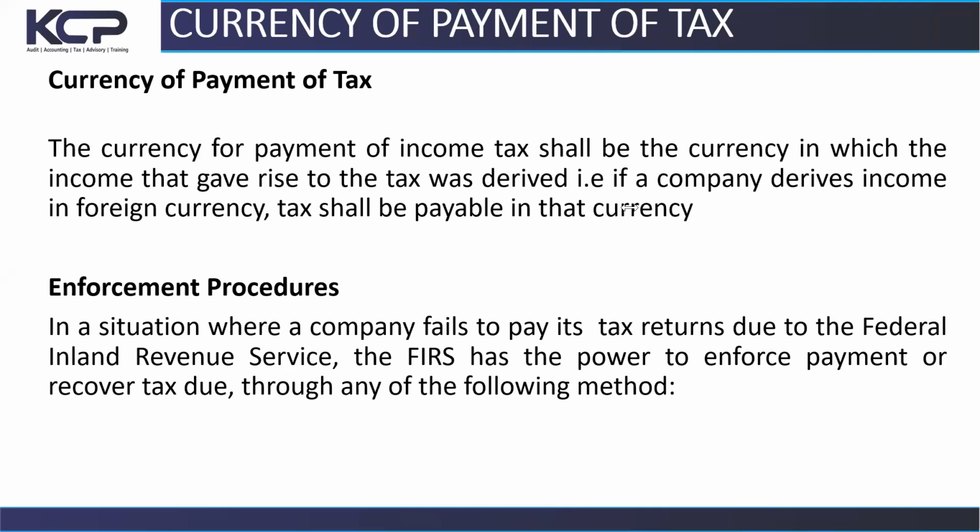Now, in real life, does that mean that they are going to divide it into two? They are going to pay some in dollar and some in naira? Because during the computation, we would have converted the export sales to naira, so that we have both the external sales and the ones we sold locally in naira, to have our fiscal chargeable profit, and we calculate our company income tax based on that.